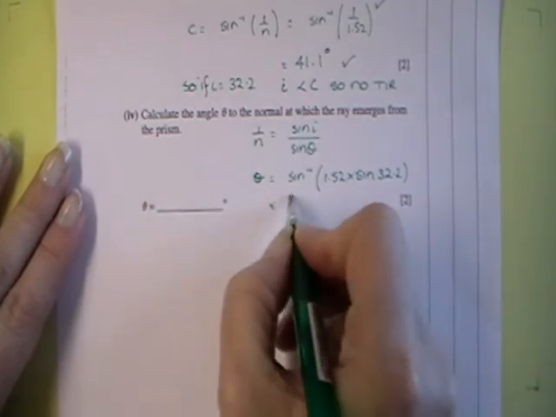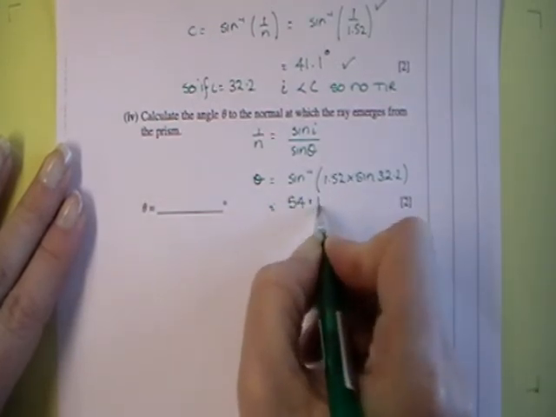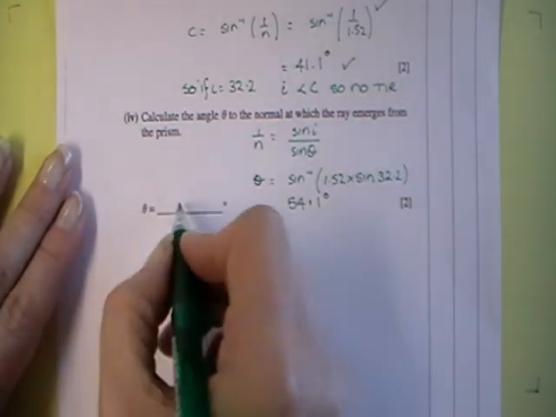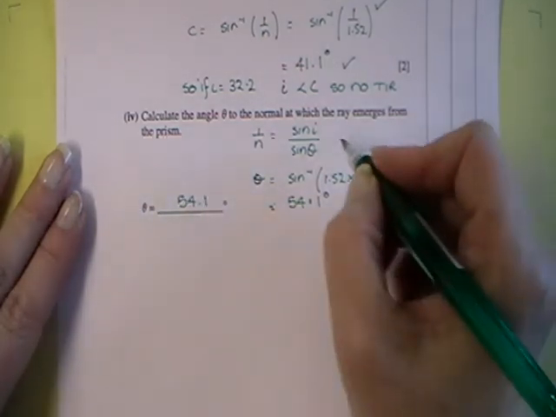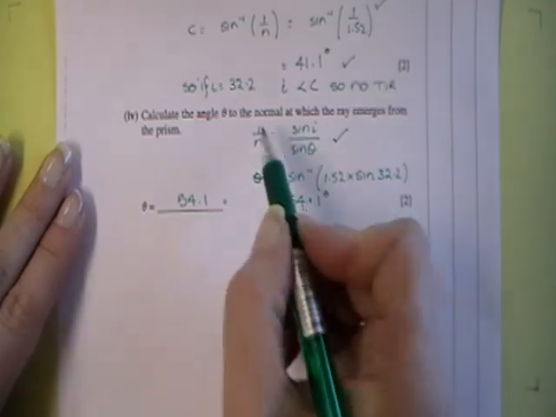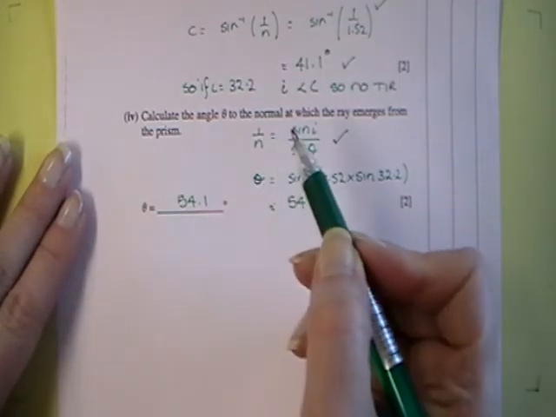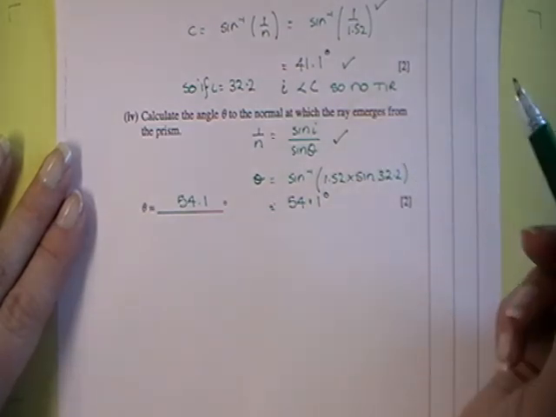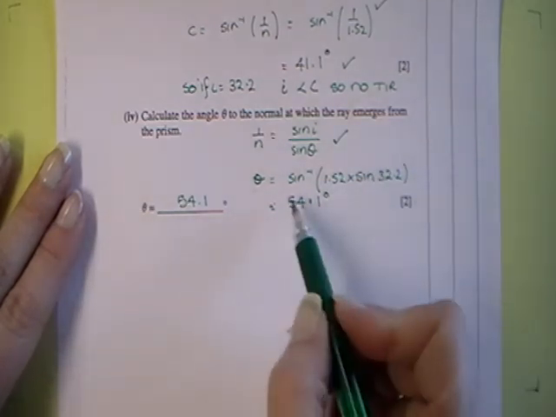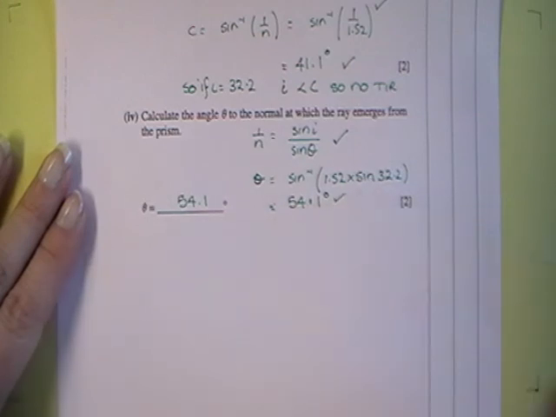And when we work that out, theta is 54.1 degrees. You get a mark for that equation, using it correctly with 1 over the refractive index, because in this case we're going from glass to the air. And then 1 mark for your final answer.